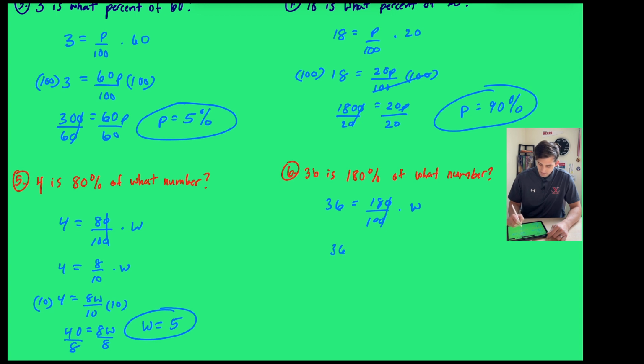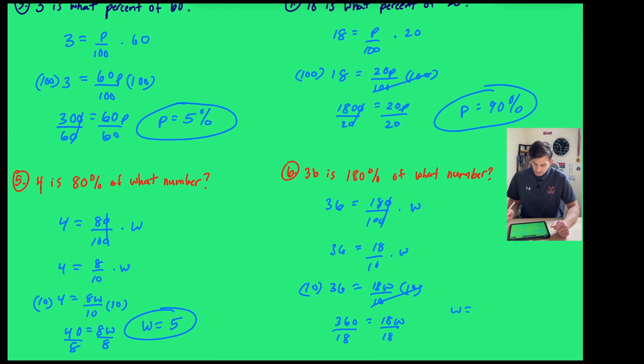So let's write this as 36 equals 18 over 10 times w. So now we're going to say 36 is equal to 18w over 10, and I'm going to multiply both sides by 10 to get rid of that denominator. So now we have 360 is equal to 18w. Let's divide both sides by 18. If we do 360 divided by 18, we get w is equal to 20.